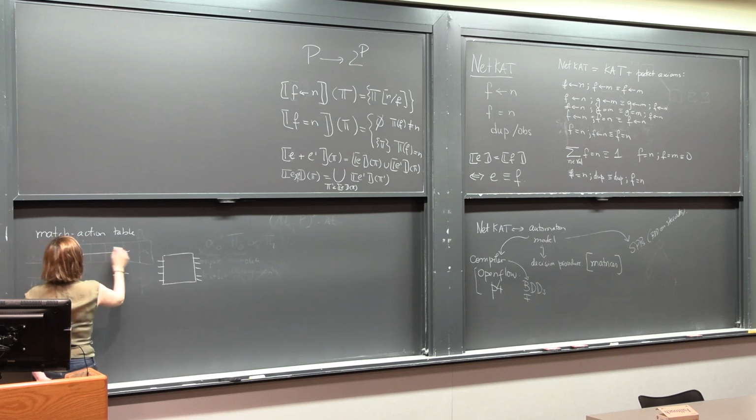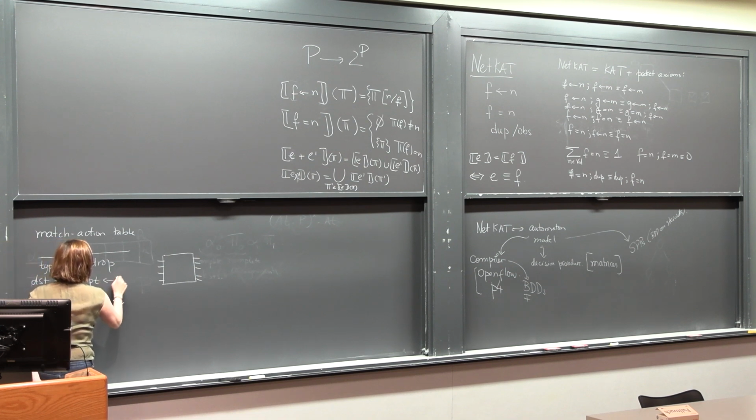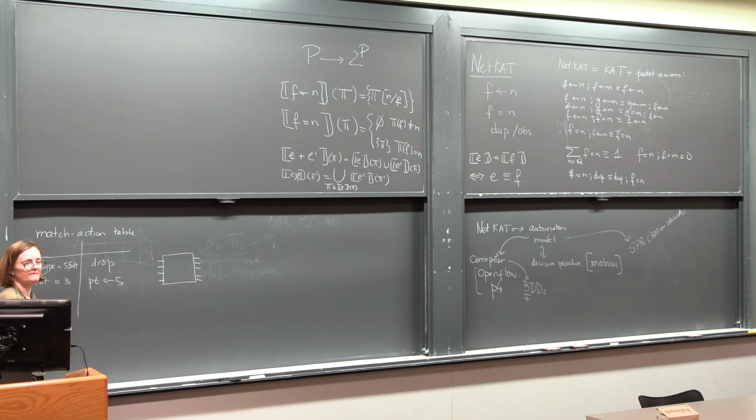You have a table, and the table gives you tests on the packet. Things like if the type is SSH, drop. If the destination is 3, then make sure that the port is 5, and so on.